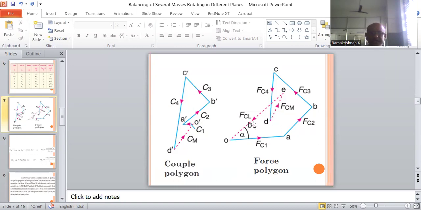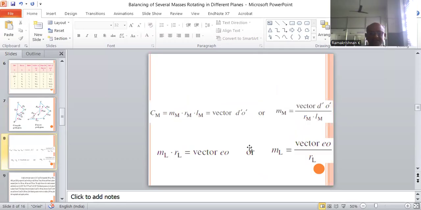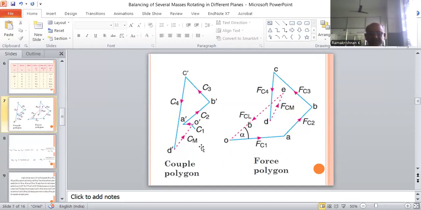So OE represents the angular position of the plane L. Also we can find the mass rotating in the plane L, that is ML, by measuring the vector; then we can easily calculate ML. So from the force polygon and the couple polygon, we can get both the magnitude of the balancing masses and also the angular positions of the planes having the balancing masses.